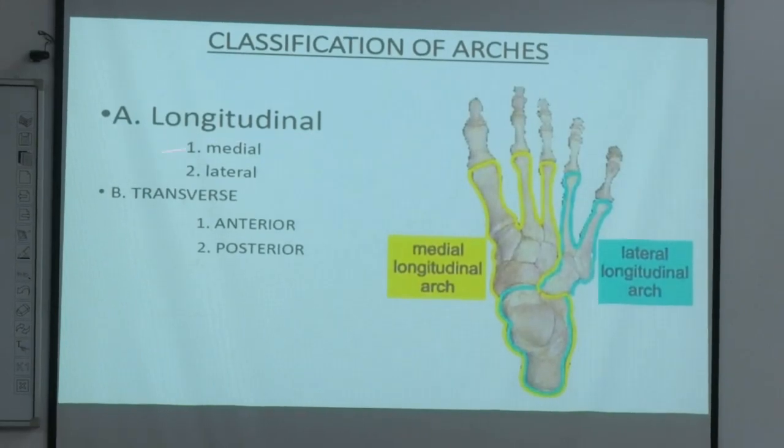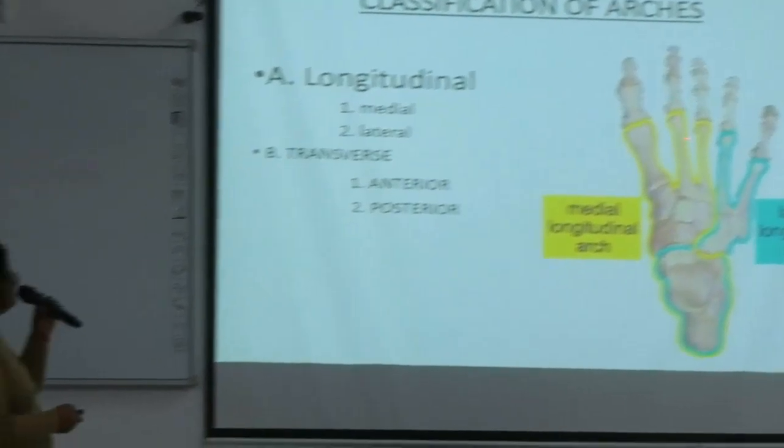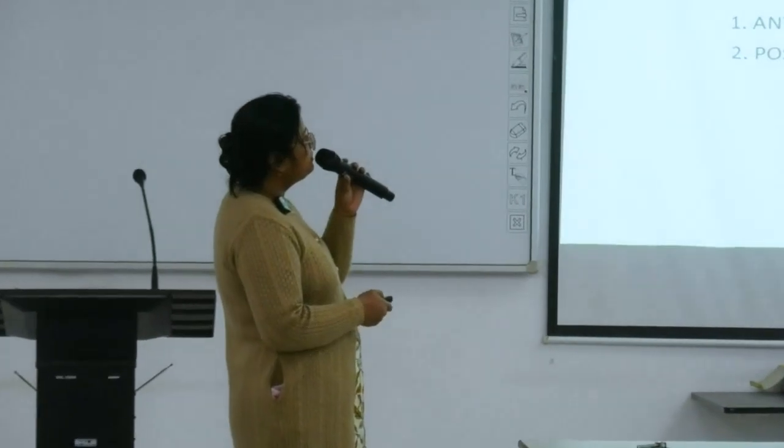So see the longitudinal arches, medial and lateral. See these yellow colored bones, these form the medial longitudinal arch. Which bones are present? Talus, calcaneum, the navicular, three cuneiforms, and the medial three: first, second, and third metatarsals.